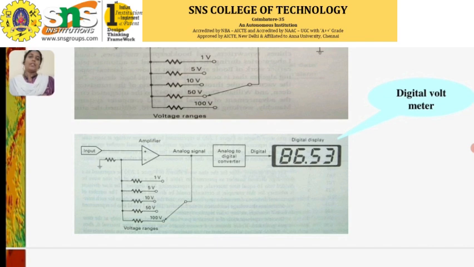So for the betterment of the system, we use digital voltmeters. The main advantages of digital circuits over analog, we can segregate as 3 points.